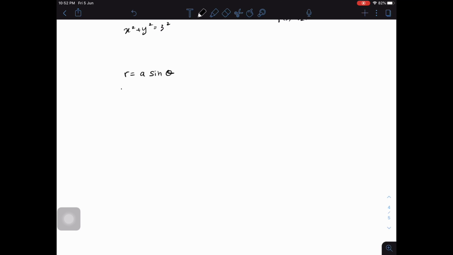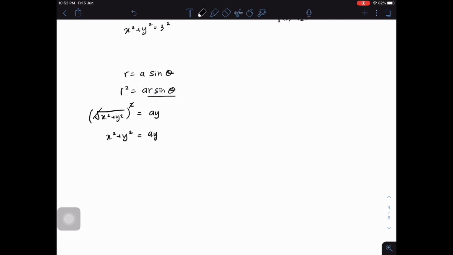So what we will have here is r square equal to a r sine theta, where you know that r square is actually x square plus y square. So x square plus y square equals a times r sine theta, and r sine theta is actually your y. So you have a y here. Therefore, the square and the power can be eliminated, and you are left with x square plus y square equal to a y.